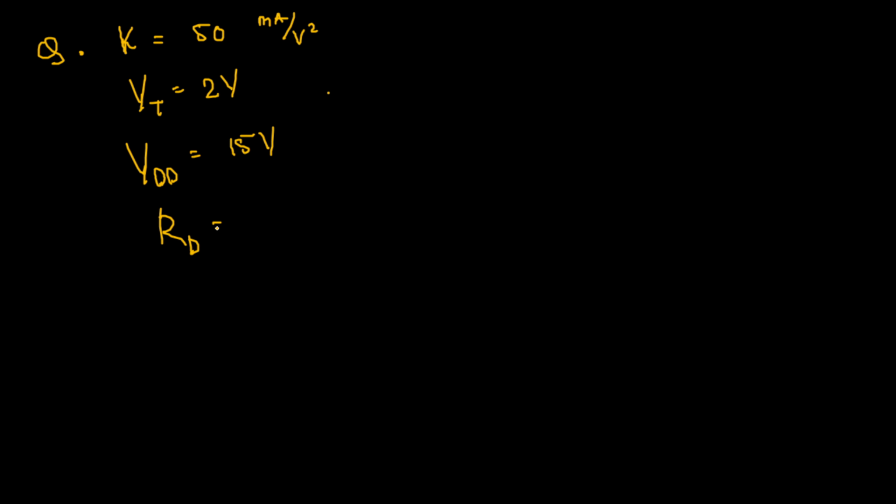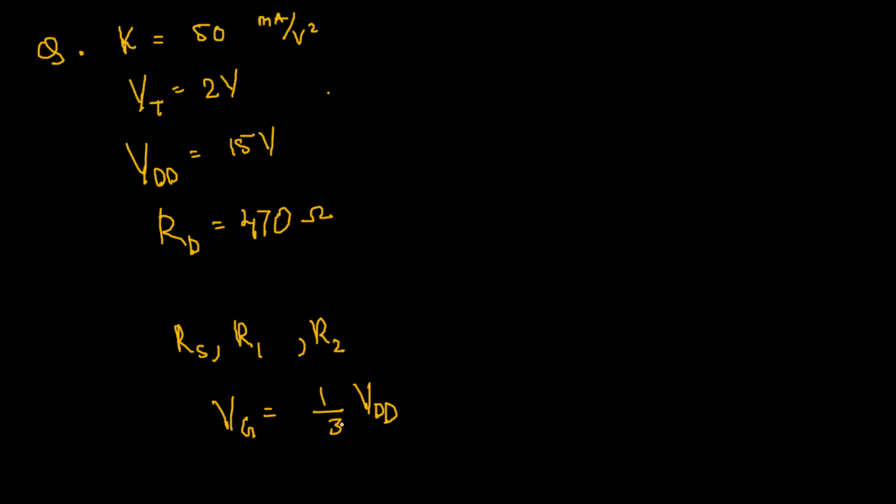RD is 470 ohm. Okay, so now I need to find RS, I need to find R1, and I need to find R2, and it's given to me that Vg is equal to 1 by 3 VDD.